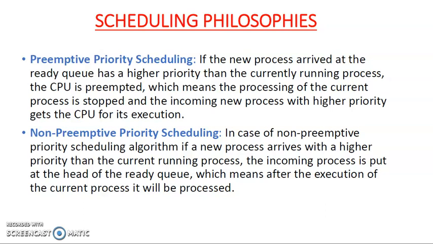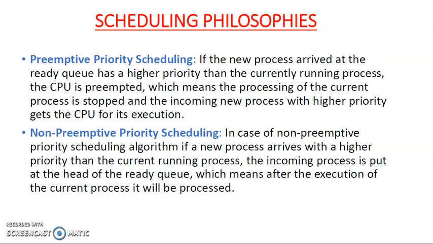See, what is the difference between preemptive and non-preemptive? In preemptive, the current process is stopped and the new incoming process with the higher priority gets executed. But in non-preemptive priority, the new incoming process is put into the ready queue, and the execution of the current process is done.